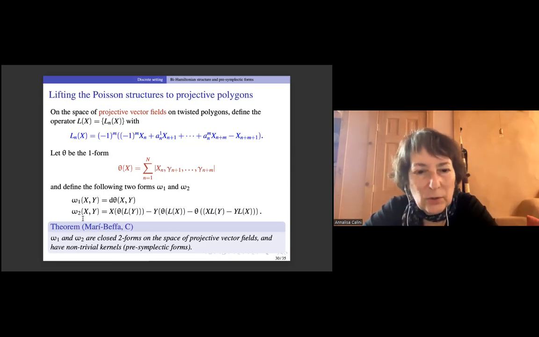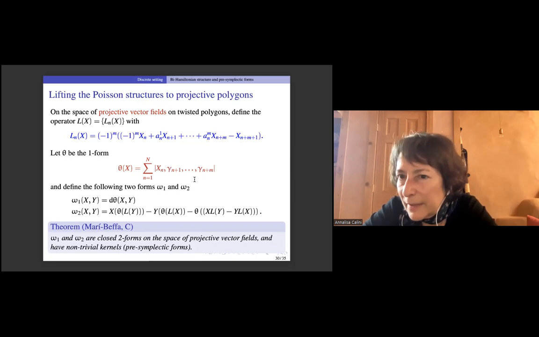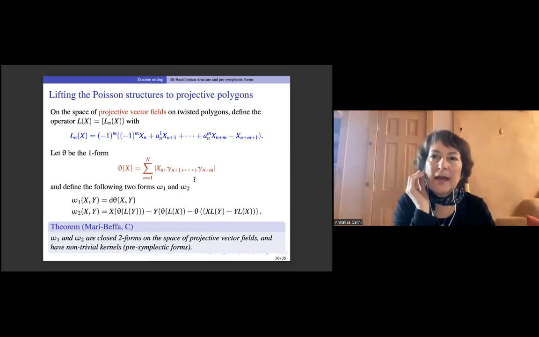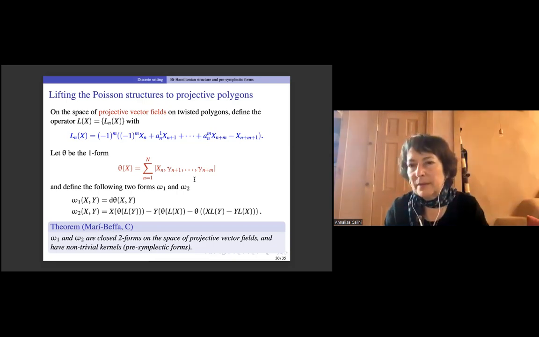One is the differential of theta, and the other is this expression in terms of theta and the L operator. And we proved that these two forms are actually closed, and they have non-trivial kernel. So they're not symplectic like Pinkall's, but they're so-called pre-symplectic because they have kernels. The kernels are small dimensional.